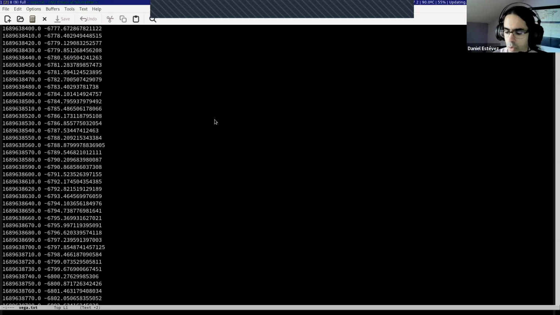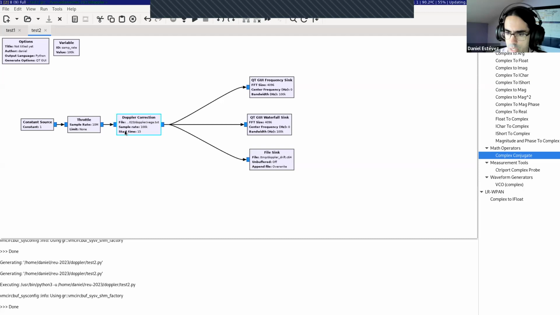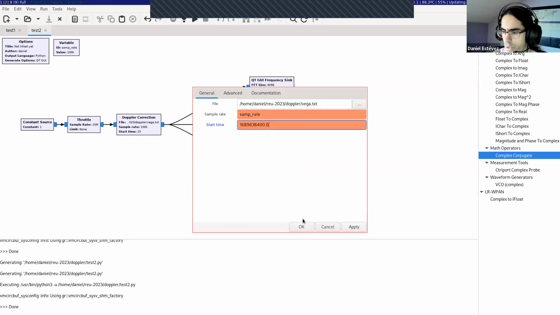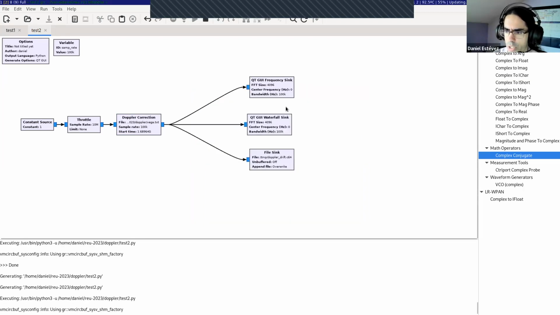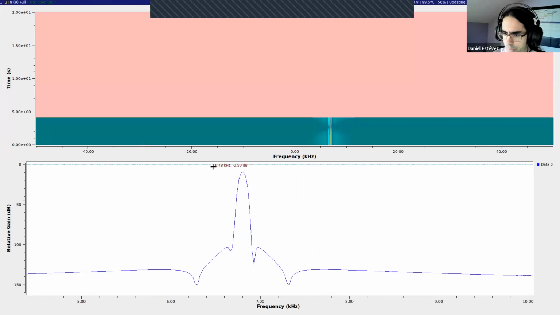So we either want this number, which is the start of today as Unix timestamp, or we could have some Python code here that computes the current timestamp when the flow graph is run. So we would have something like a real-time simulation of how the Doppler from Vega currently is.